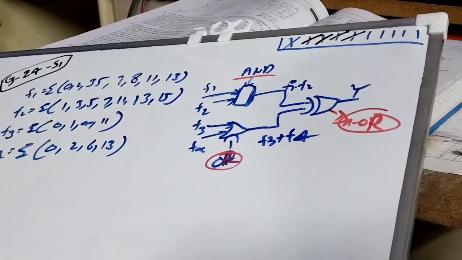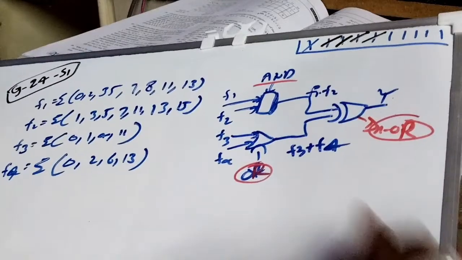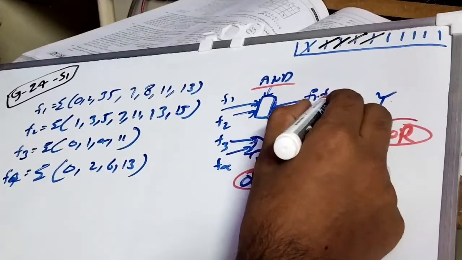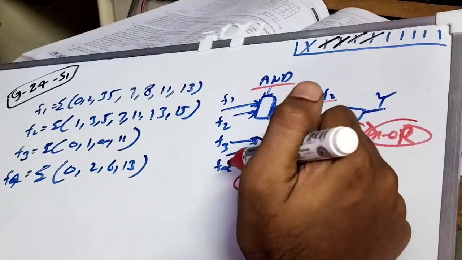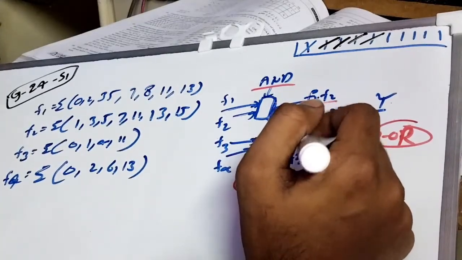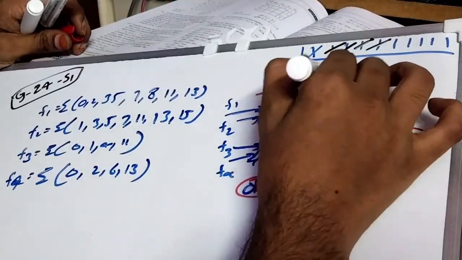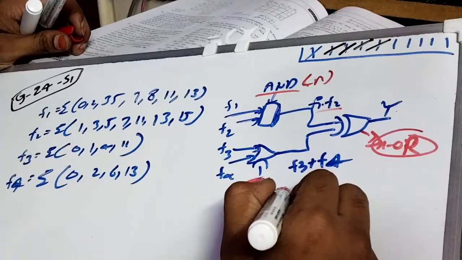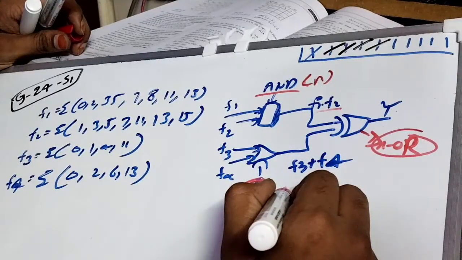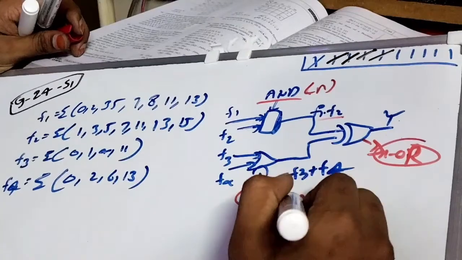If we recall, with AND we take only the common terms, so AND is similar to intersection, and OR is similar to union.